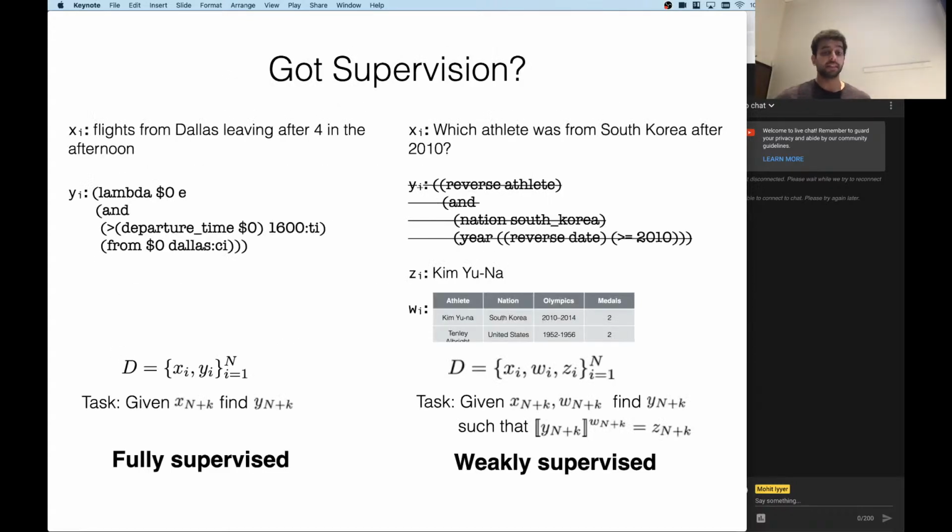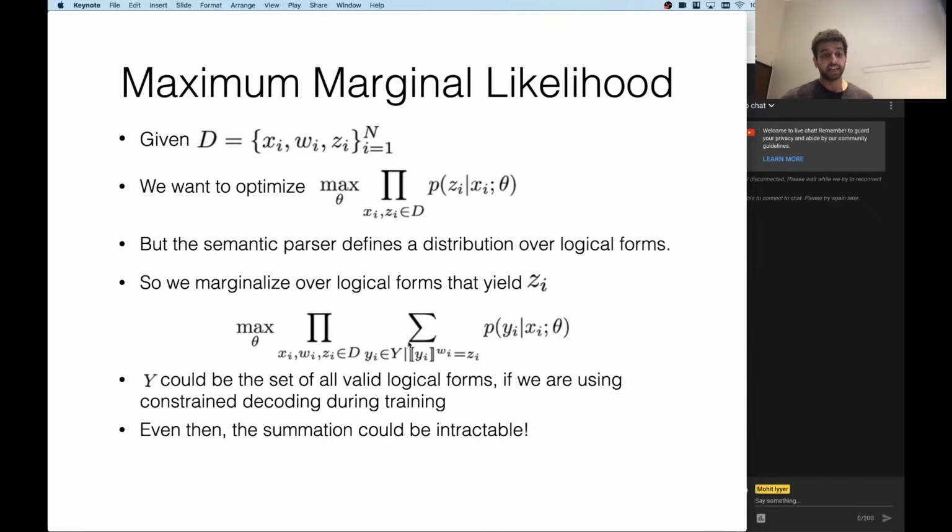So that's an inherent limitation with these weak supervised approaches, is that you have a huge set of logical forms potentially that executes the correct answer. You don't really know which ones are matching the intent of the question and which ones just randomly happen to align with the correct answer. And if your set Y, the big Y here, contains a lot of what's called spurious logical forms, so these are logical forms that execute to the correct answer, but you don't want to increase their probability because they don't match the semantics of the question.